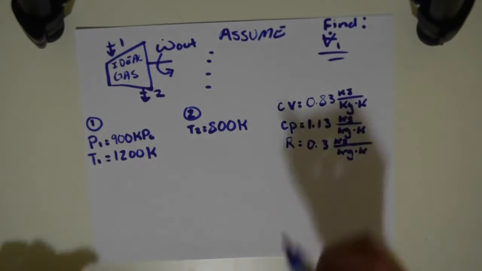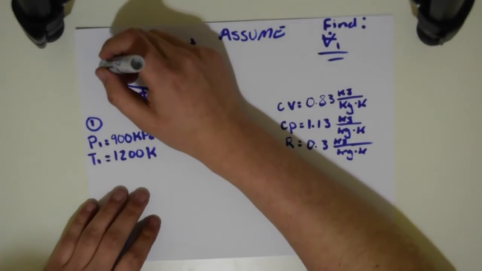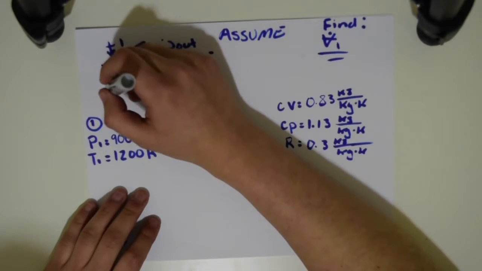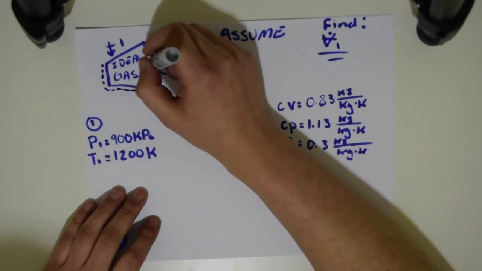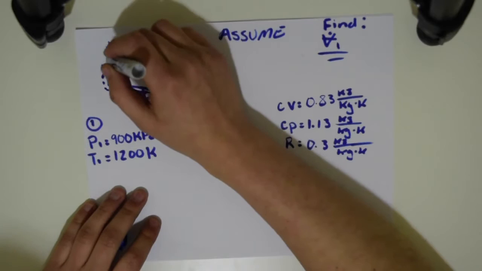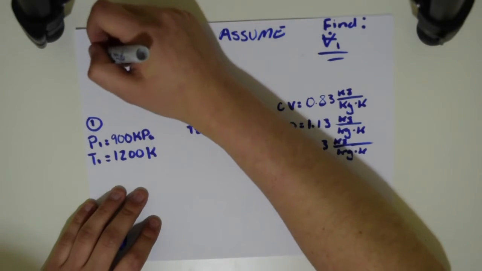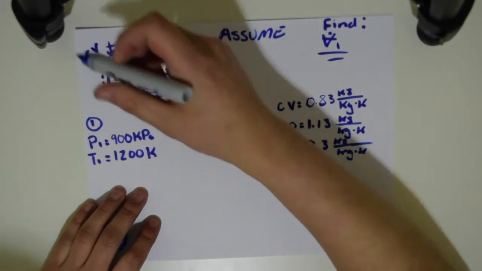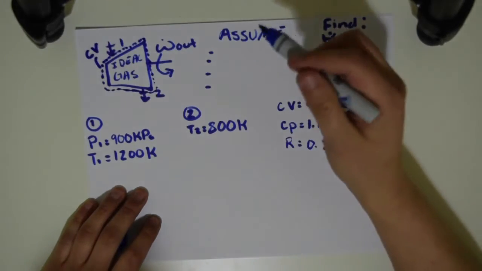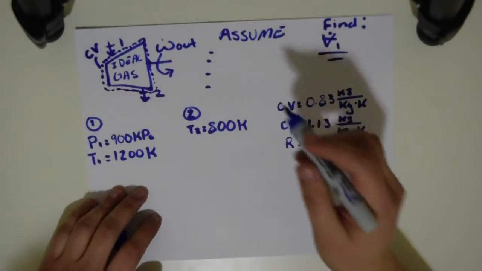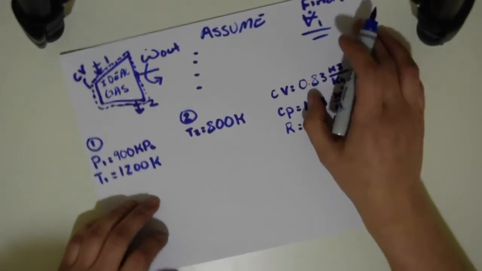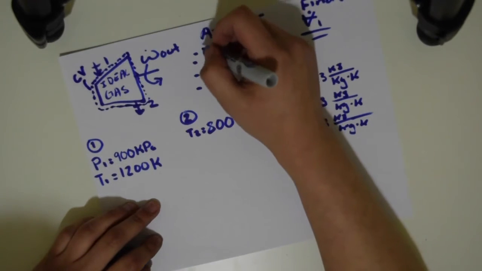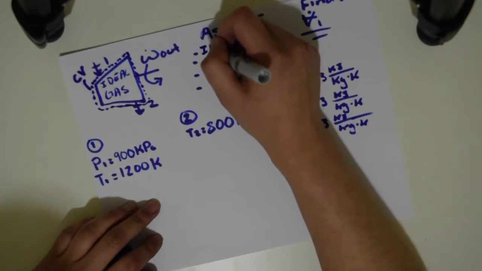To start off this problem, we're going to draw a dotted line that represents the control volume, meaning that we will take the energies around that control volume. And we have to assume some things as well. First of all, we can say that this is an ideal gas.